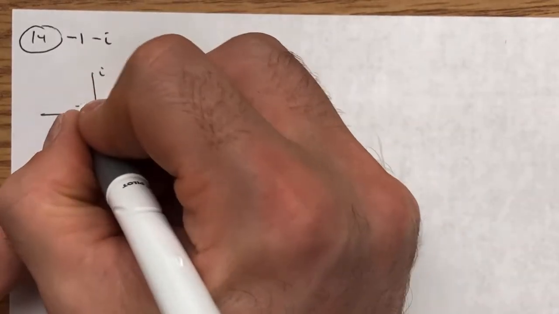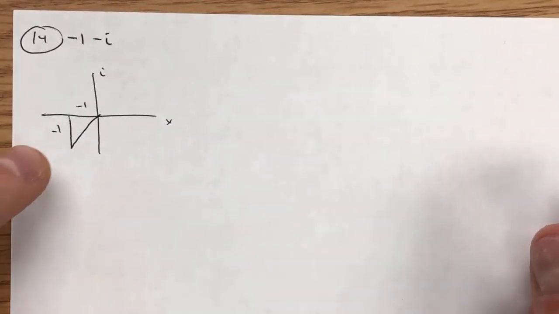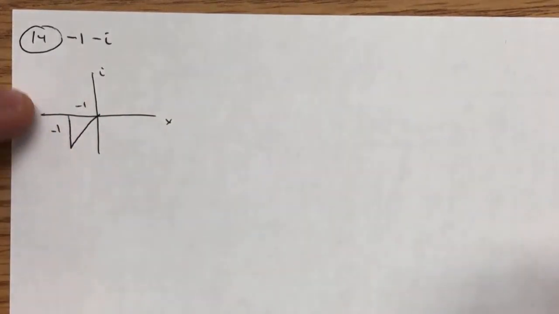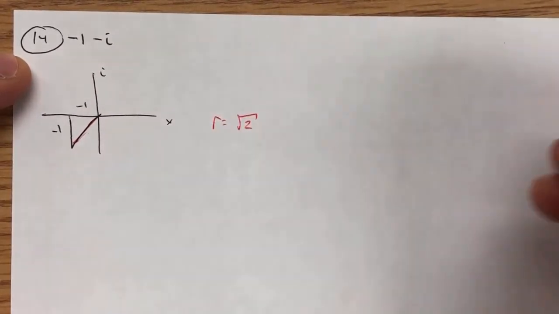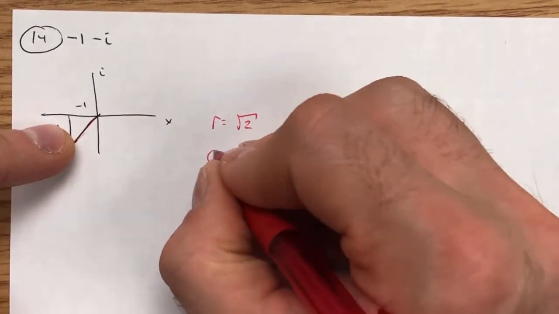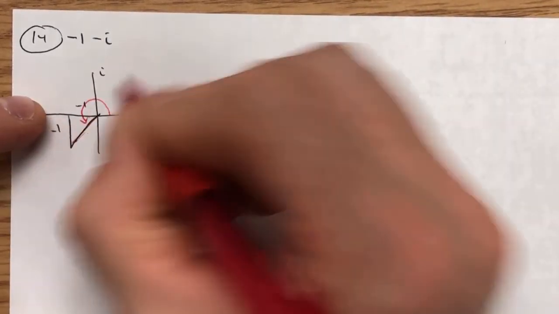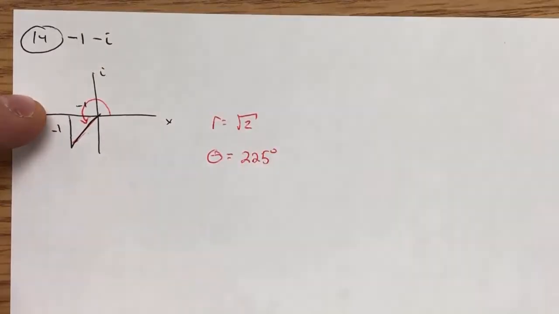So that's a negative 1, and that's a negative i, which is again a negative 1. I don't really need to use the trig function to figure out what angle that is, because I know if that's 1, 1, that should be a root 2, because this is a 45, 45, 90 triangle. So already I know that that modulus is going to be root 2. And I know that angle is going to be 45 degrees plus 180. So my angle, which is right here, is going to be 180 plus 45, which is 225 degrees.